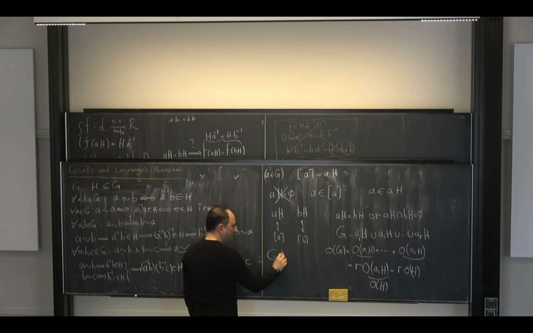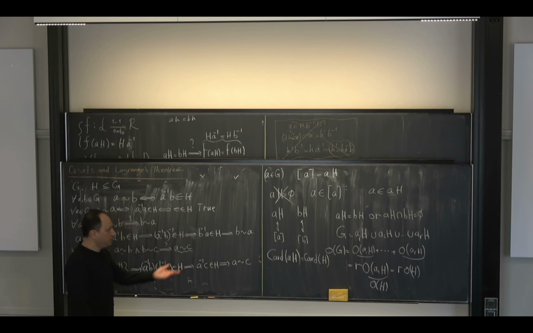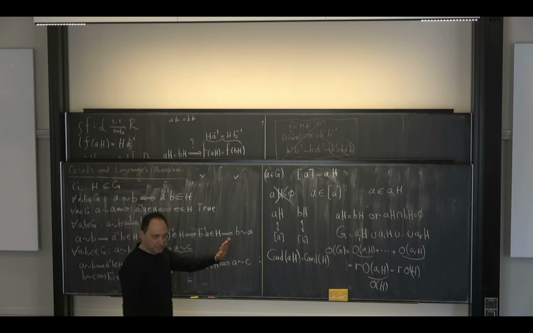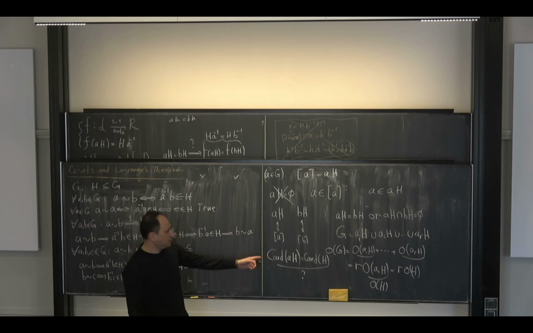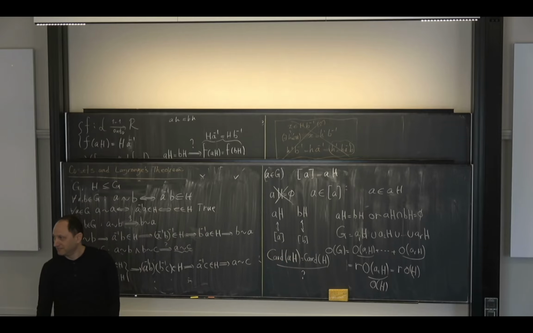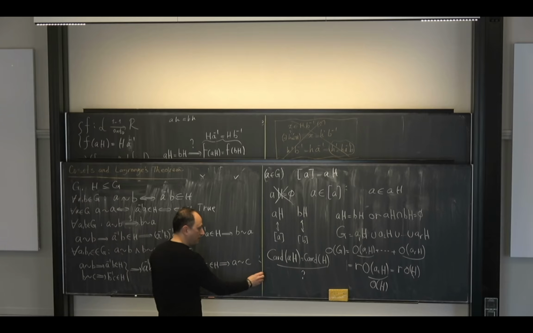The only thing that you have to go home and prove is this: the cardinality of aH for any a is equal to the cardinality of H. This is the only thing we didn't show, and it is a very clear one. Can you guess what the one-to-one correspondence is here?